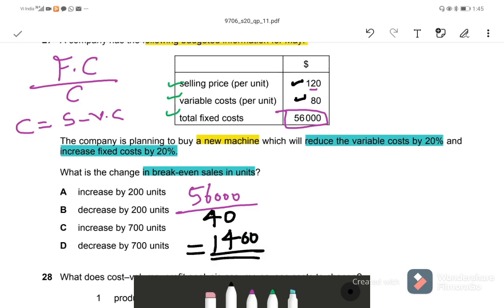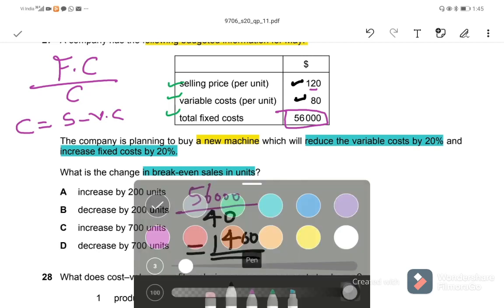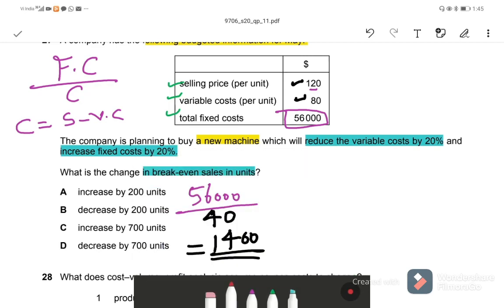Now, if the company purchases the new machine, the variable cost is reduced by 20%. Here the variable cost is 80. 80 minus 20% of 80 comes to 64.